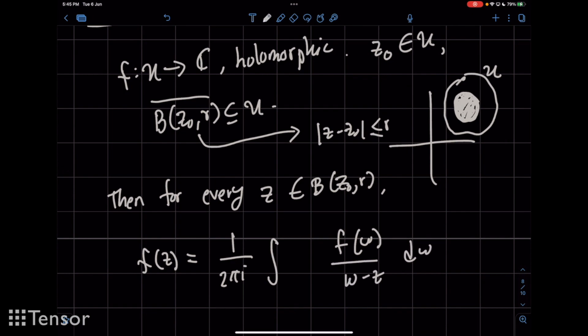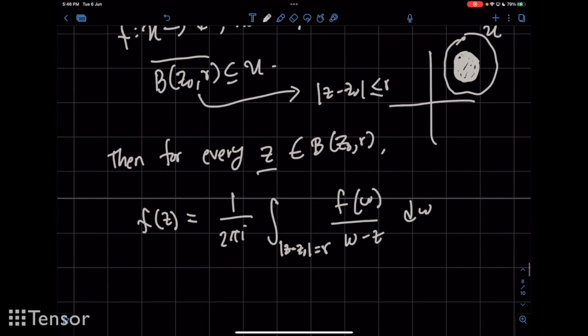So w is my integration variable here, and z is the point I chose from the open ball, and the integration is over the boundary of this open ball, that is, the absolute value of w minus z0 equals r. So this is the Cauchy integral formula.